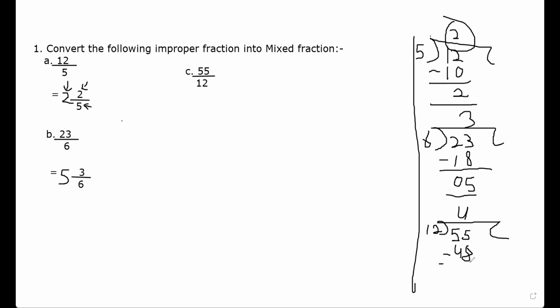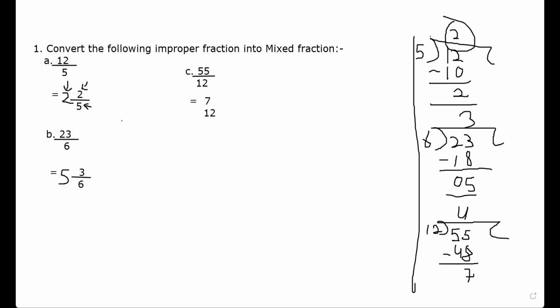12 is to 4 is 48. Subtract the number, and you know 7 will be the remainder. So what you have to do? You have to write this remainder first, 7, and you have to write the denominator as it is. Oh, sorry. Denominator is 12. Okay.